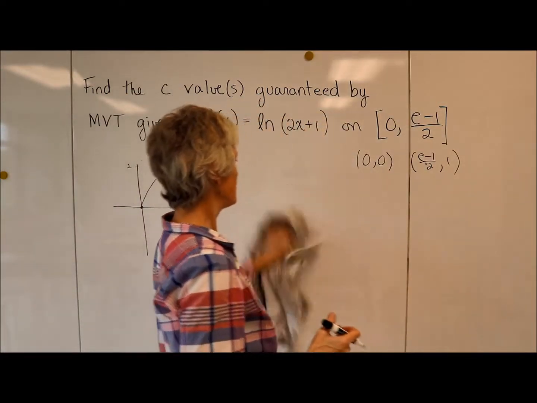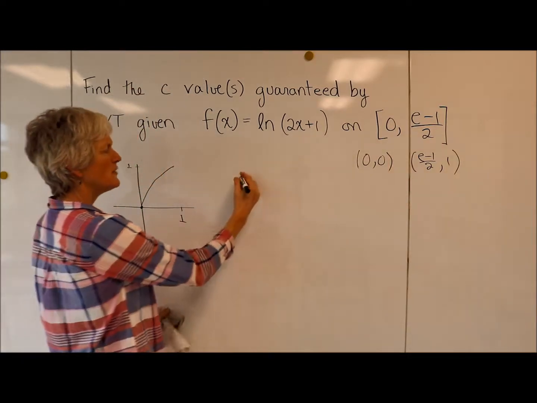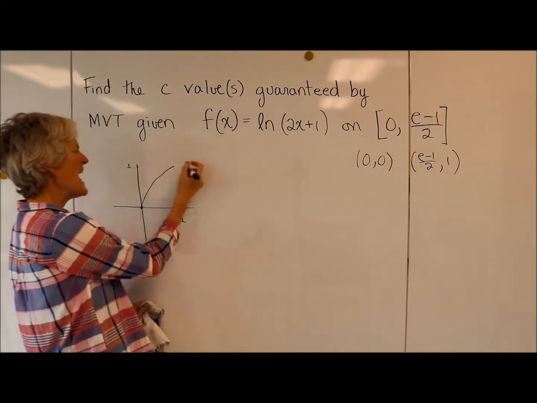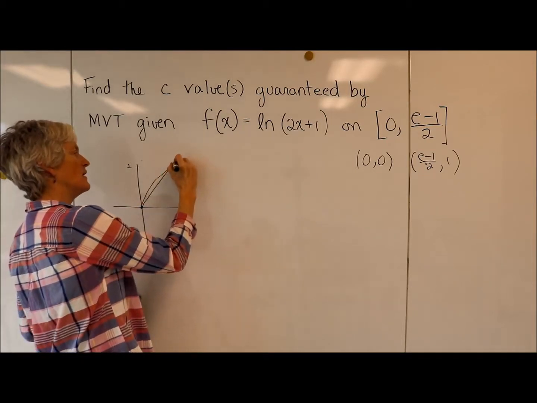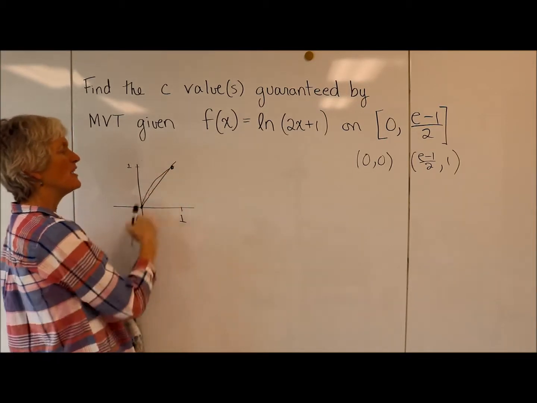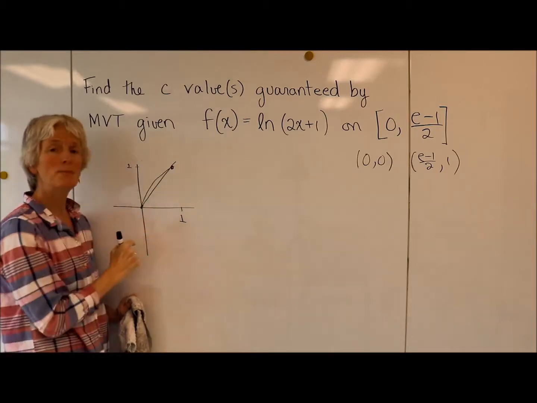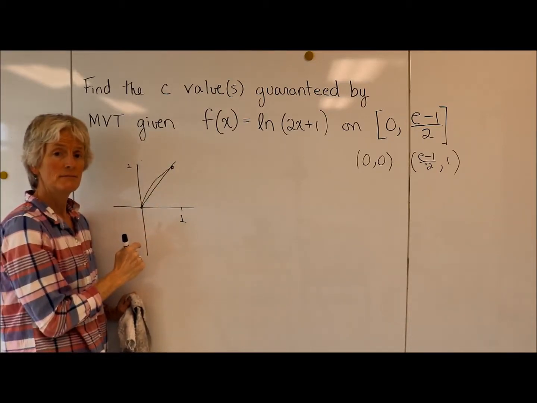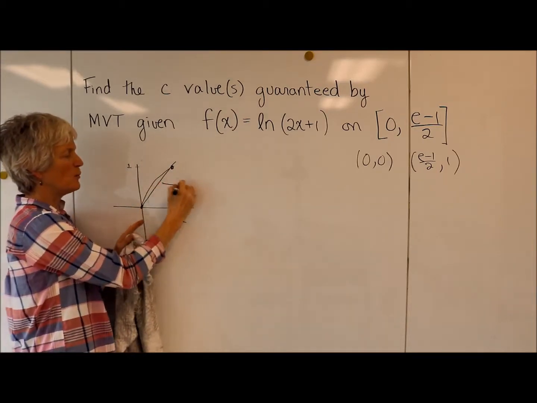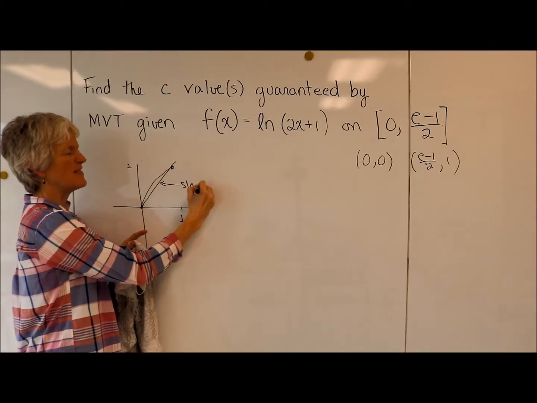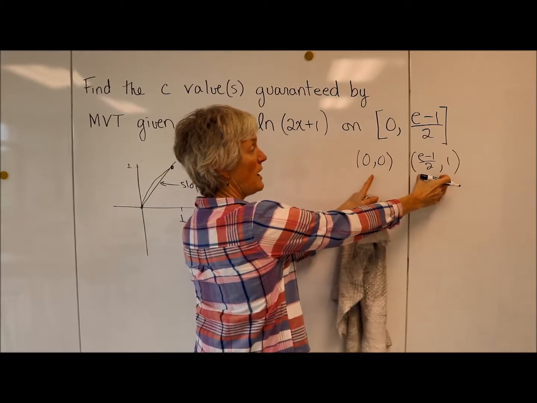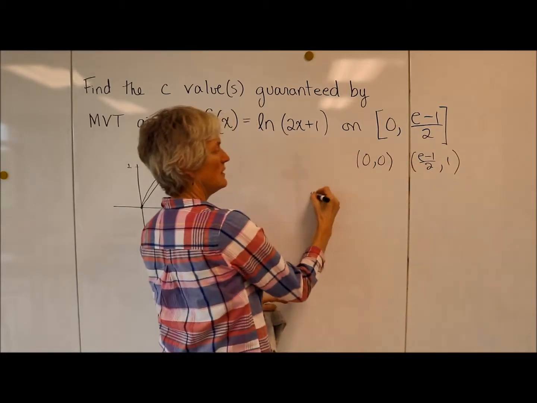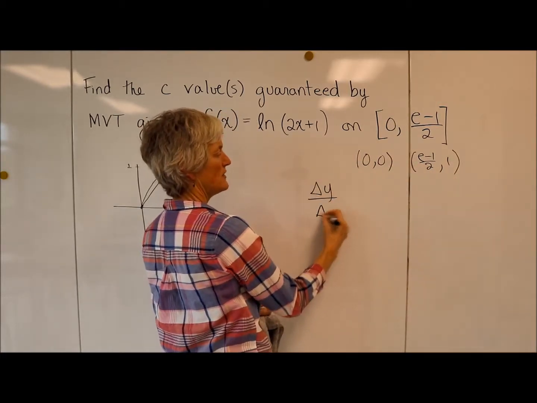Let's go. Remember, the mean value theorem says that the derivative at some point must equal the slope between the two endpoints. So let's find the slope of that secant line. That's just going to be change in y over the change in x.